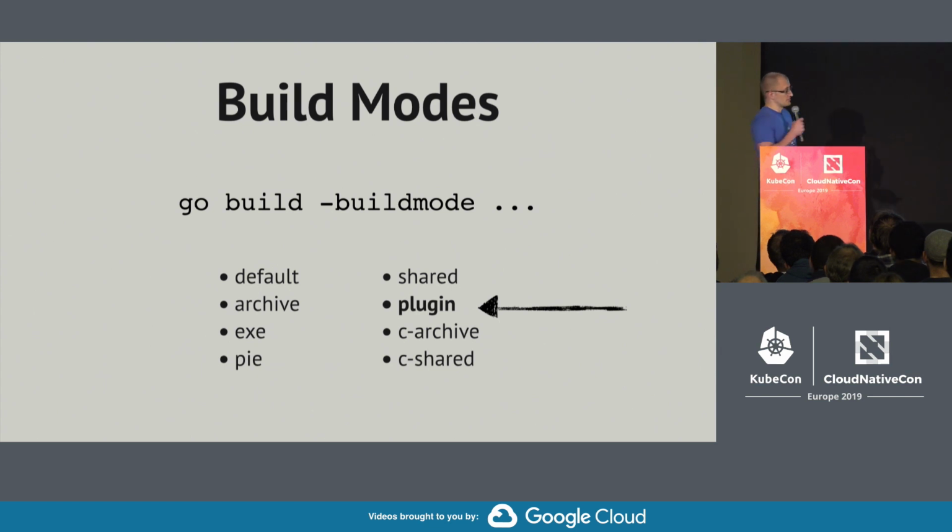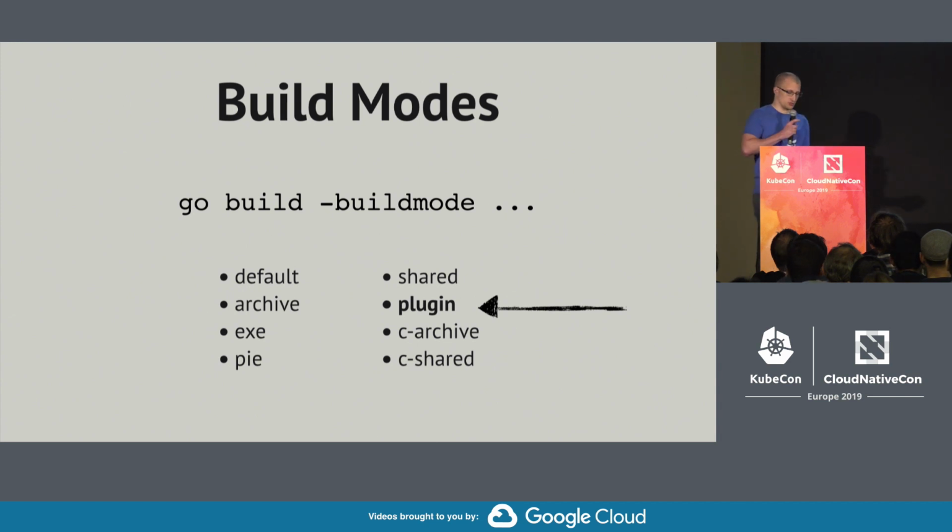Some of the more esoteric ones are plugin. You might be thinking, plugin sounds like what we want to use. But plugin is actually used to generate a dynamically linkable shared object of Go code that is intended to be called from another Go process. So it's not exactly what we're looking for.